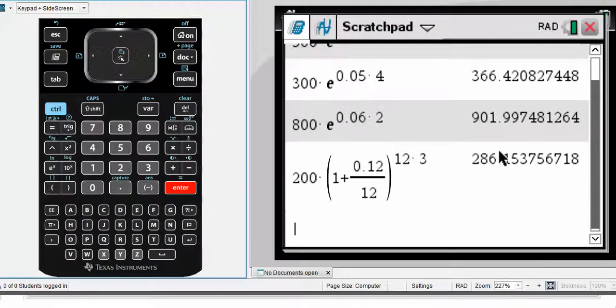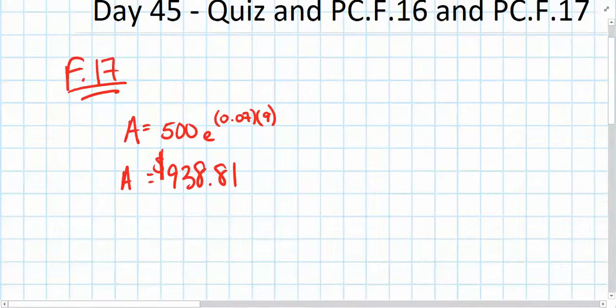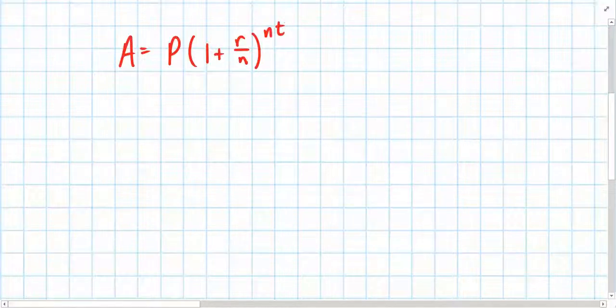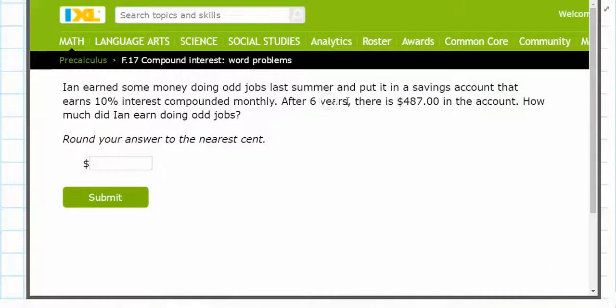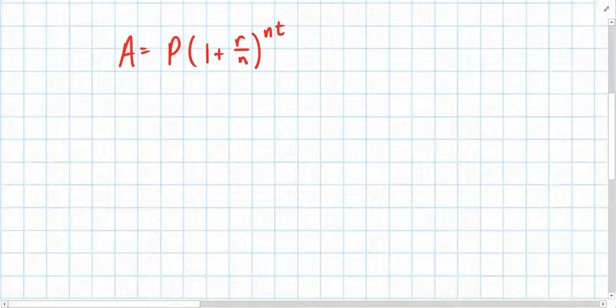So while we're still using the same equation from before, we've got the equation A equals P times 1 plus rate divided by N raised to the NT power. What we know this time is that at the end, after he put the money into the savings account that grew with interest, he finished with $487.